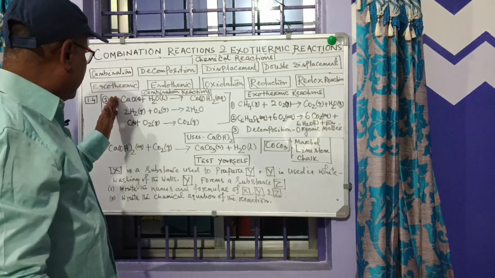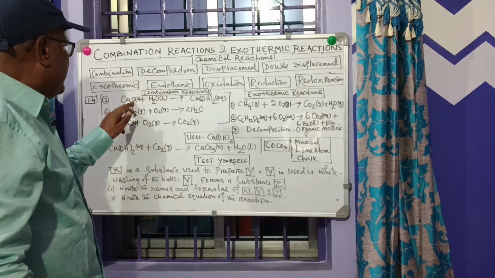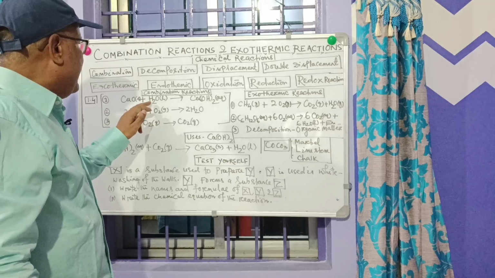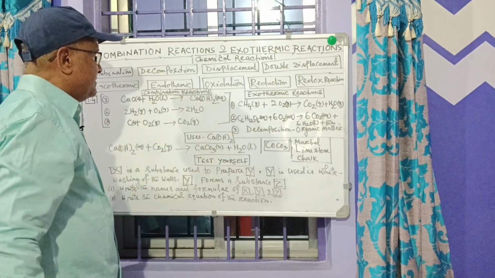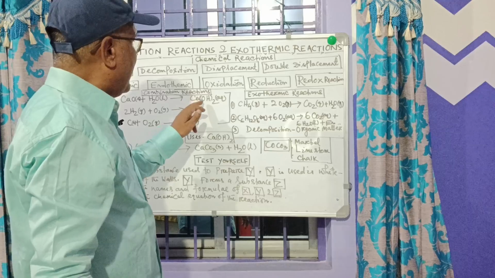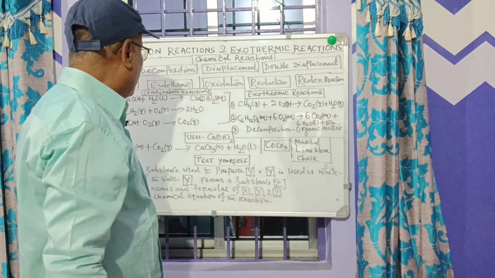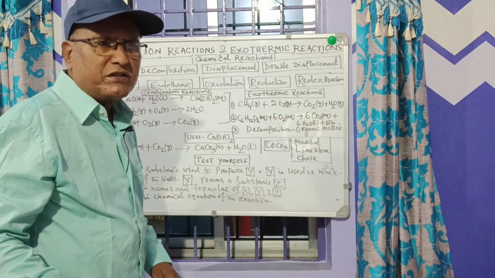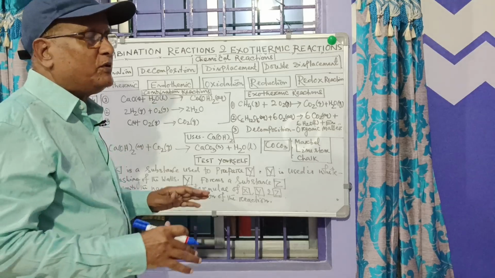So we have taken three examples. Now you see calcium oxide, that is called quicklime. When it reacts with water, a new substance is formed that is called calcium hydroxide, slaked lime or lime water. You see this reaction is vigorous, means quicklime reacts vigorously with water.